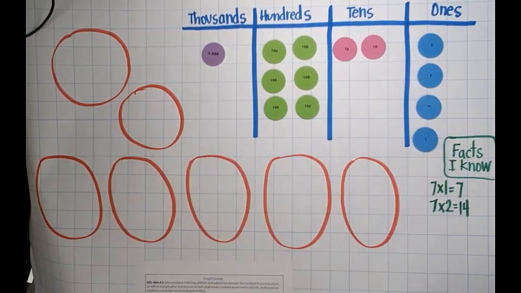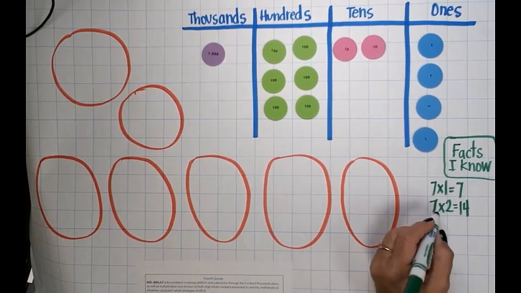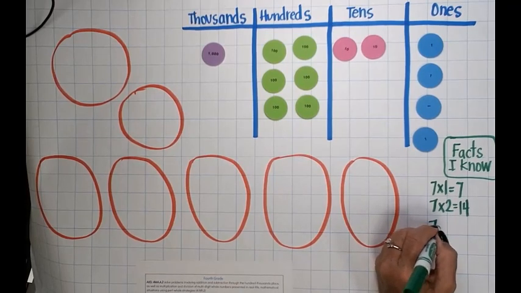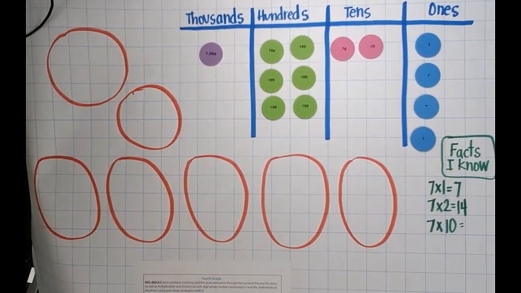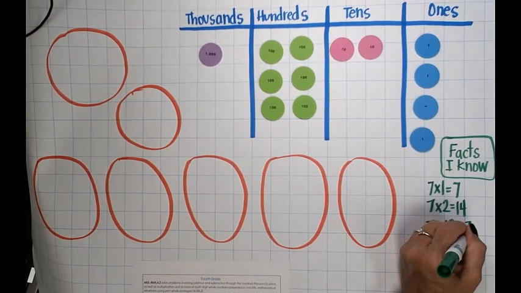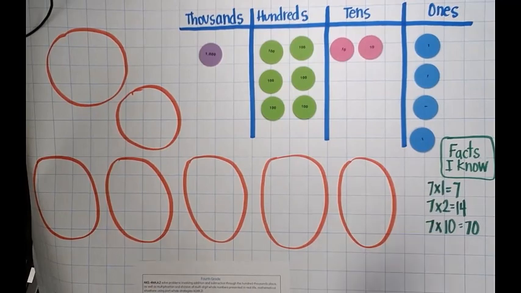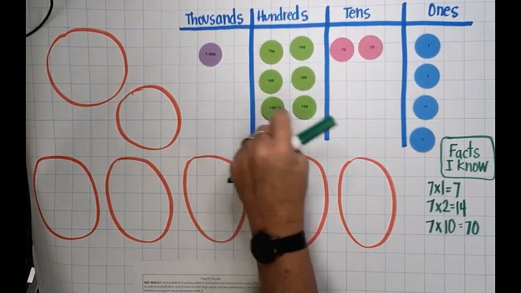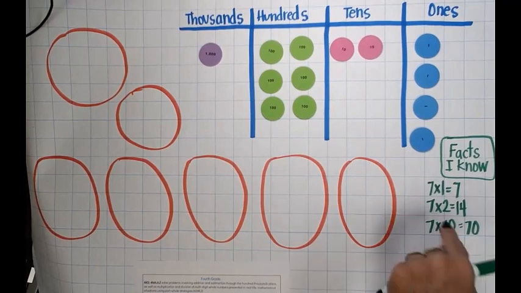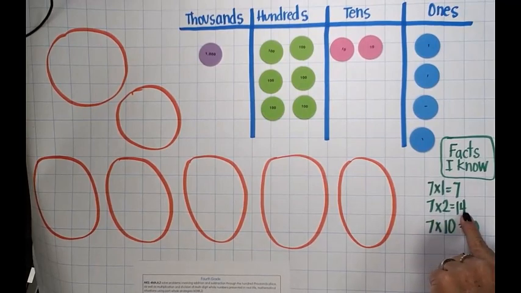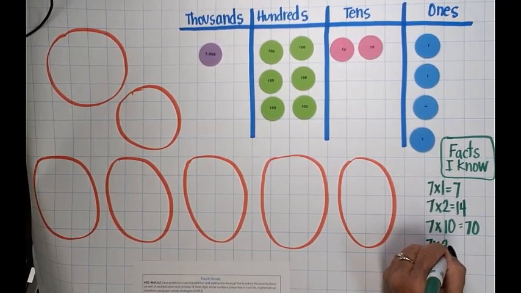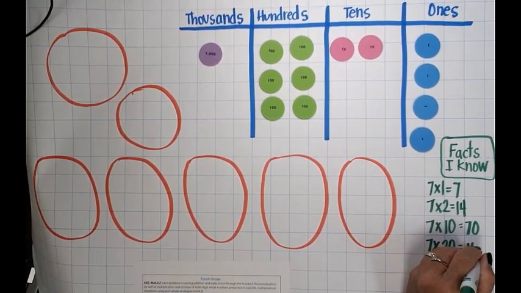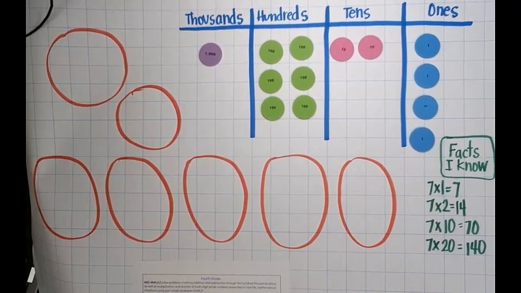But I wonder if there's something else I could do. What if I did 7 times 10? I know that 7 times 10 is 70, but I'm still working with a pretty big number. I know that 7 times 2 is 14, so I do know that 7 times 20 is 140. Okay, we're getting closer.